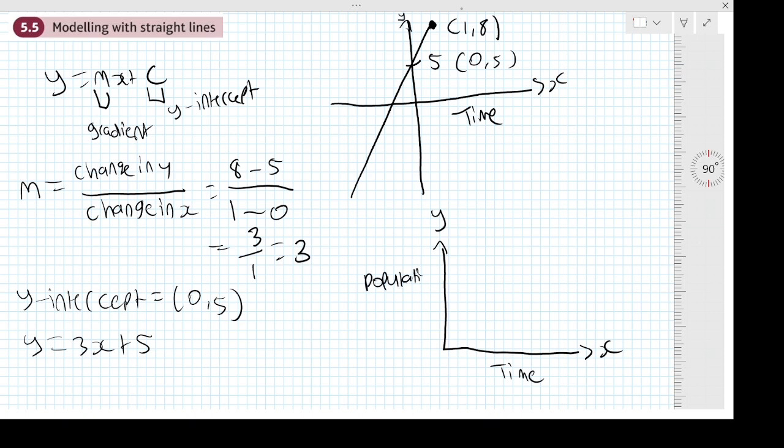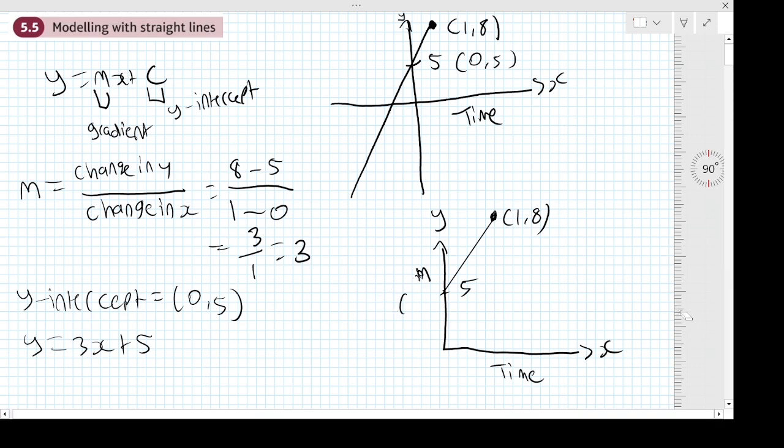I'm going to assume the same sort of line, through (1, 8) and 5. This is the population number. Obviously the units may differ, but the idea is that we're measuring over time what happens to the population number of something.